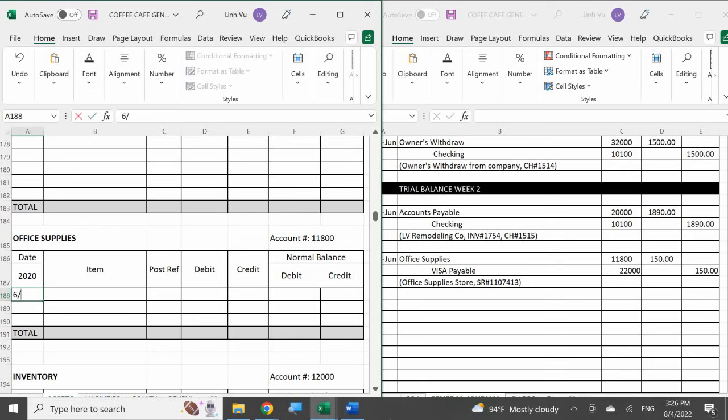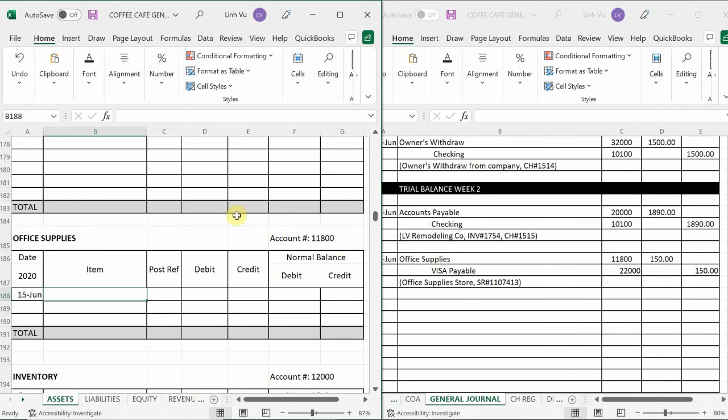Okay, so office supplies. How do I fill out my ledger for this, for the office supplies? What did I purchase?